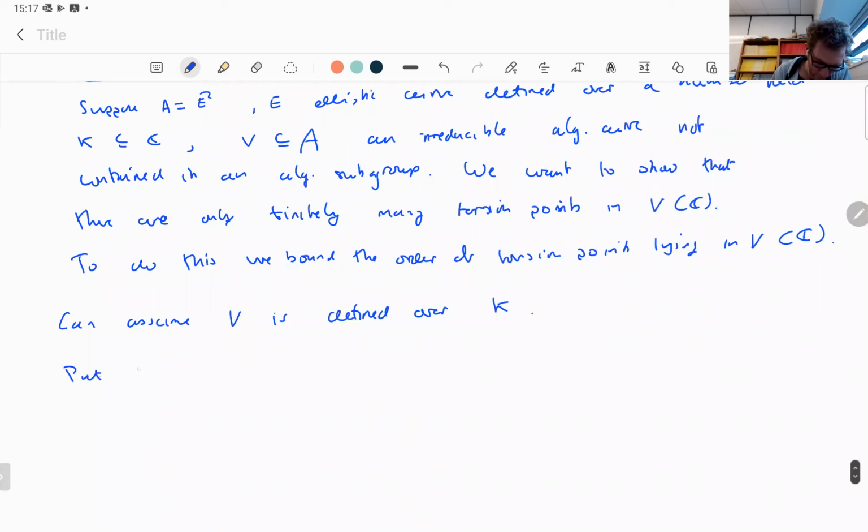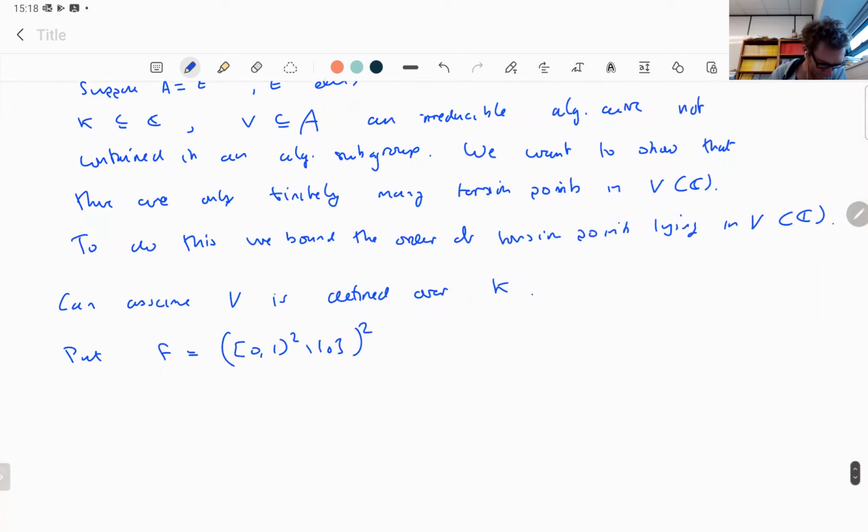Right, so put F to be this thing. So I take the half open interval and square it and remove 0. And then square that. And then I'll let B be the following.